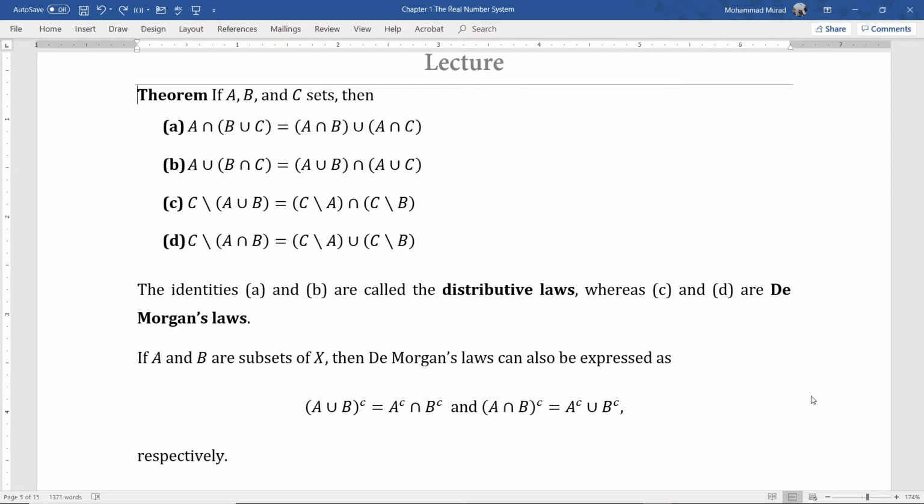Theorem. If A, B, and C are some sets, then the following statements hold true.